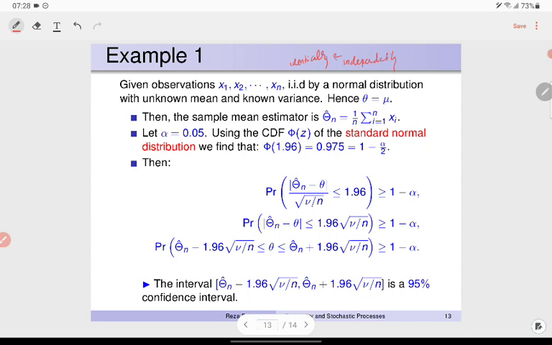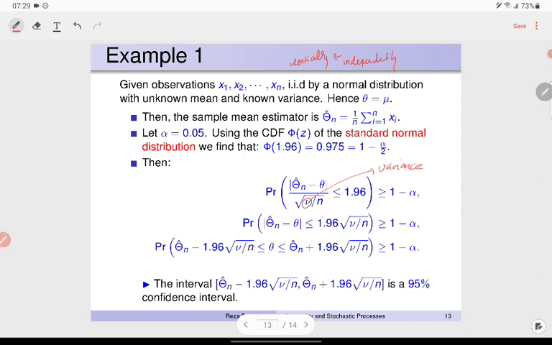Then, let's continue. The probability of the absolute value of theta hat n minus theta, so the difference between the estimator and the real parameter, divided by the square root of nu divided by n, where nu is the known variance.